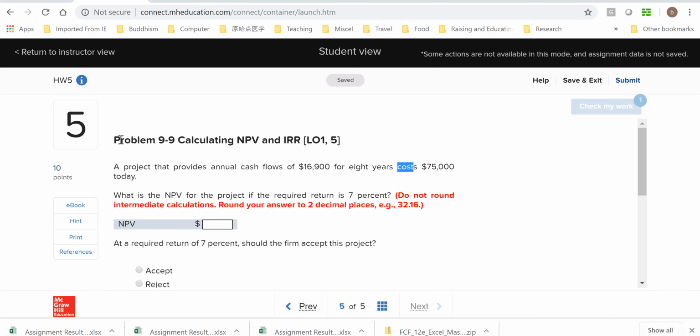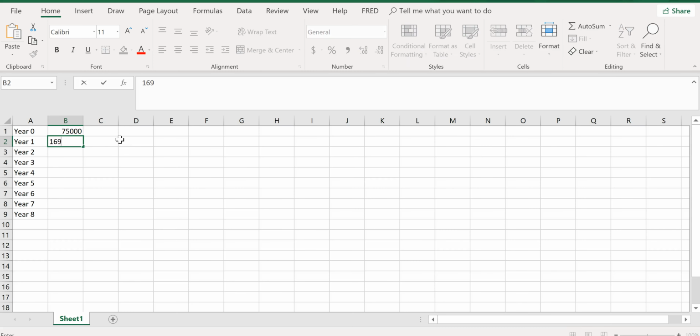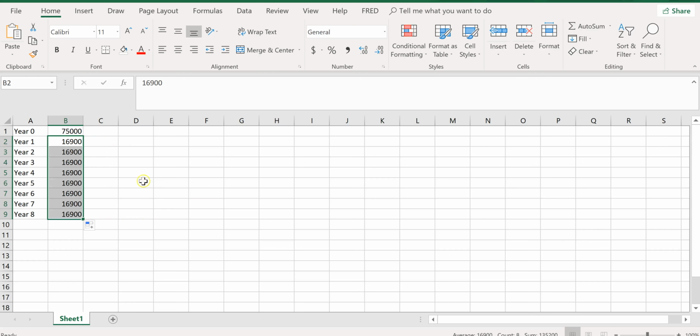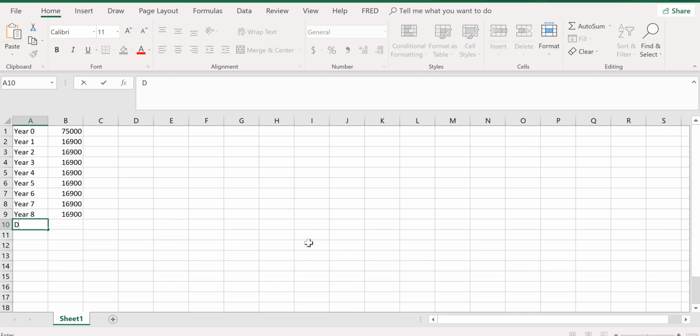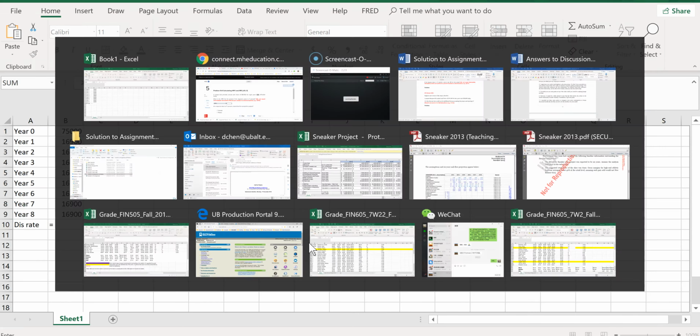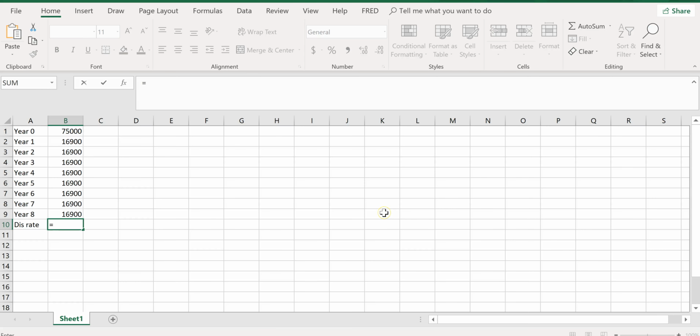And year 1 through year 8, that's $16,900 each. So we have the list of annual cash flows and the discount rate, which is 7%.